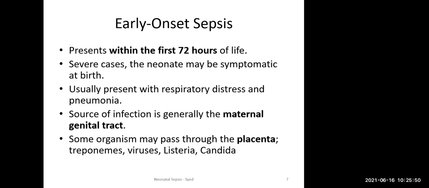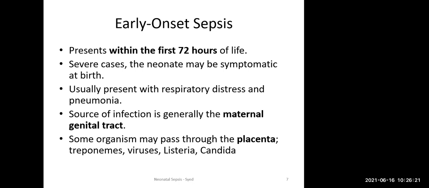Occasionally, maternal infection can translocate intrauterine. So maternal infection causes intrauterine infection, which can lead to sepsis in the newborn. But most of the time, the onset of infection is during delivery, from the maternal genital tract.